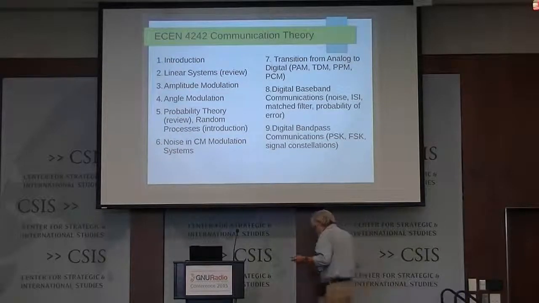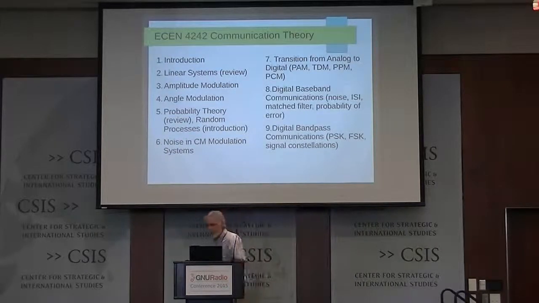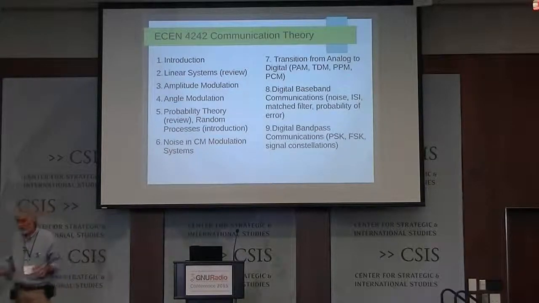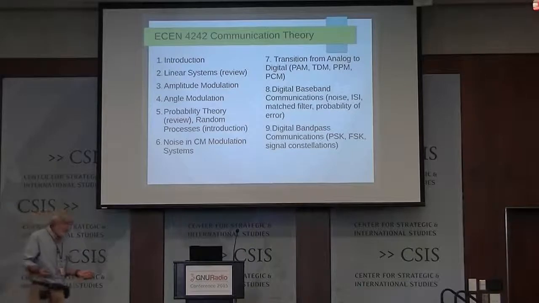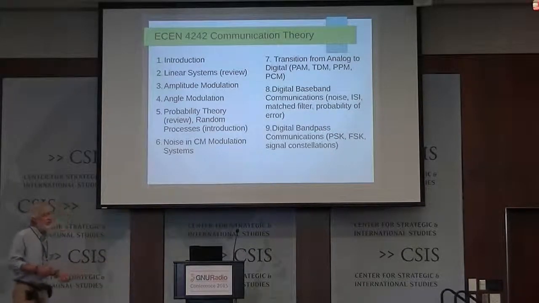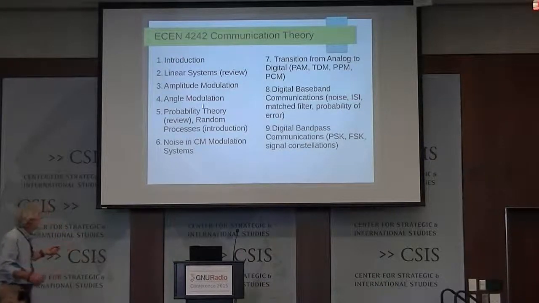Okay, then the modern way of doing communications, of course, is digital communications. But can we go directly and do digital communications? The answer is you have to have a basis in analog communications first before you can really go into digital communications. And so we do emphasize that here in the first part by going into amplitude and angle modulation.